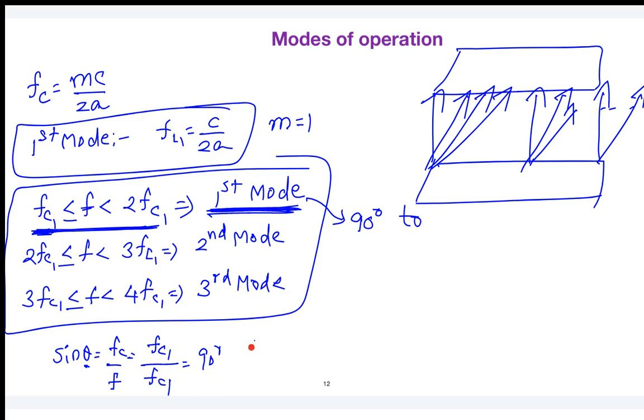The wave angle can be defined as fc1 by 2fc1, so sine theta becomes 1 by 2, so theta becomes 30 degrees. Agree? So in the first mode, for frequencies from fc1 to 2fc1, the wave angle ranges from 90 degrees to 30 degrees.